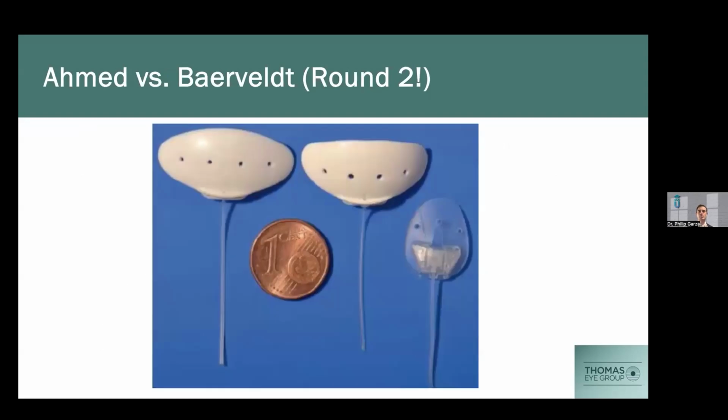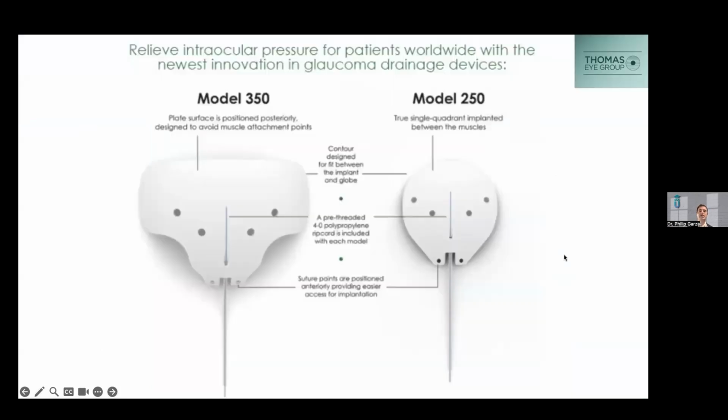And just to give you an idea of what we're talking about, these are the Baerveldt 350 and 250 tubes here and here. And this is the valved Ahmed tube that's been around a long time. And you can see, the form factor is much smaller for the Ahmed valve. And the idea here was that New World wanted to create a tube that had an improved form factor over the Baerveldt, but was also valveless.